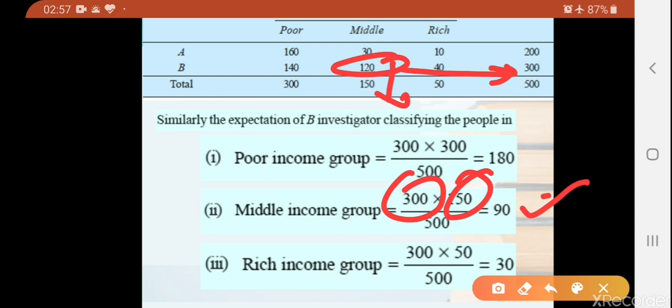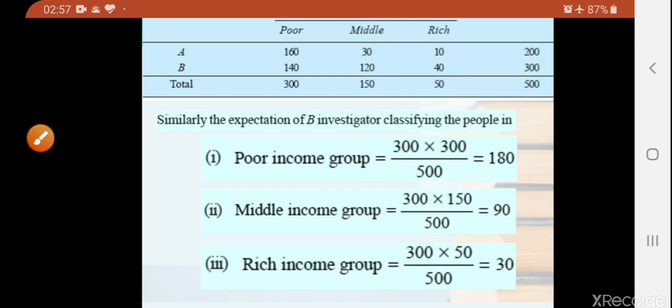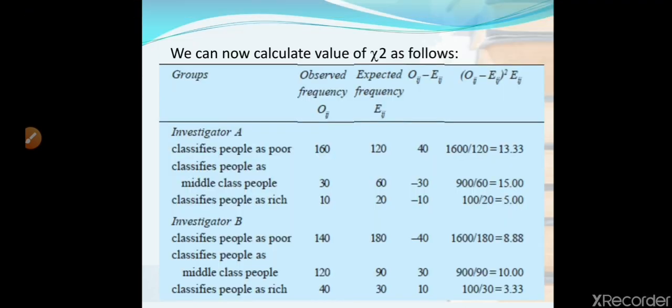And similarly for the rich income group, corresponding to this 300, here 50, and the total is 500. So we have calculated the expected frequencies for all income groups by both investigators. So 6 entries are there, and we can do the calculation in tabular form.